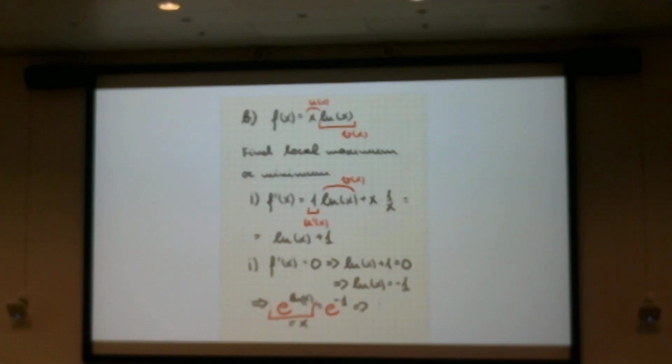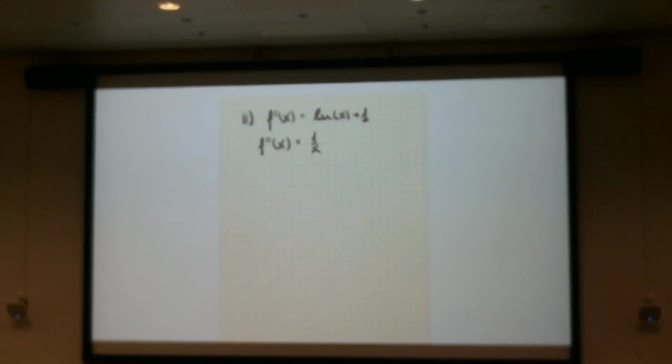So all of this means that x is equal to e to the minus 1. So that's the critical point. In this little equation, we needed to remember properties of logarithm. That if logarithm of x is equal to a certain number, if I write them as powers of e, the equality still holds. But now we can just write e to the ln of x as x. That's the standard trick. Okay, so that's our critical point.